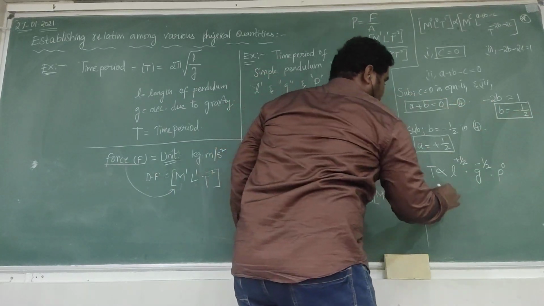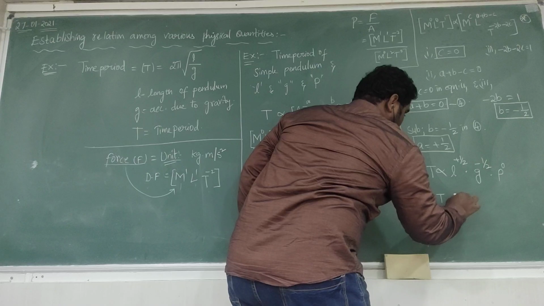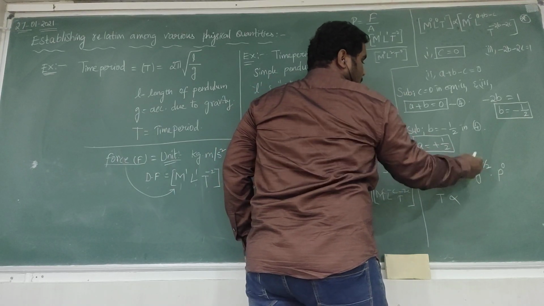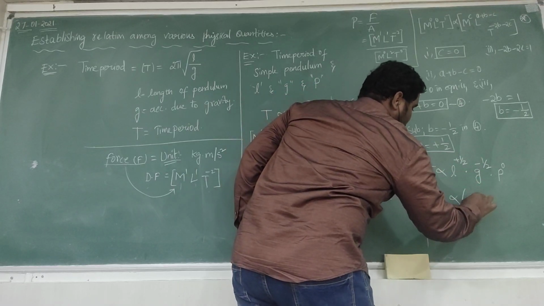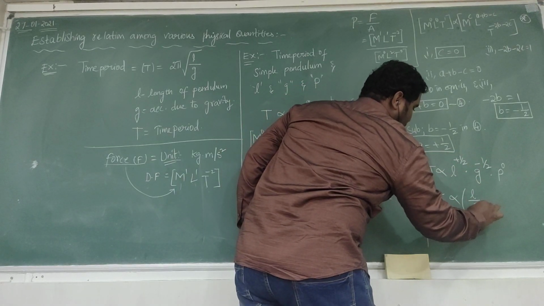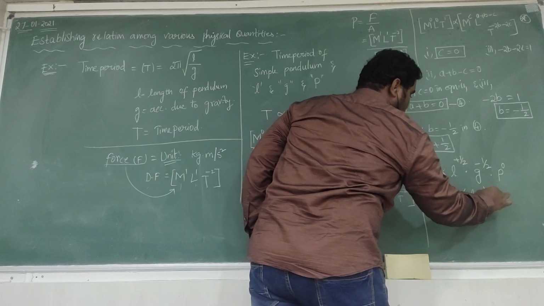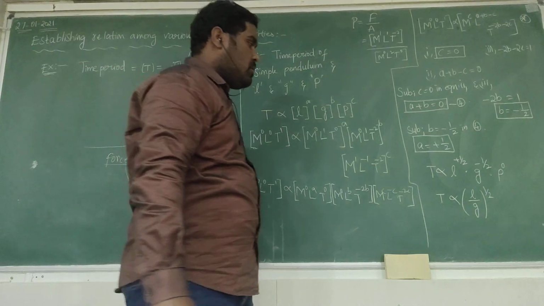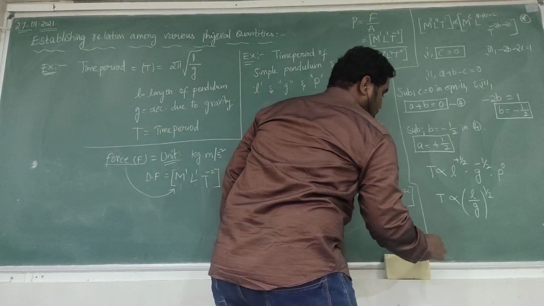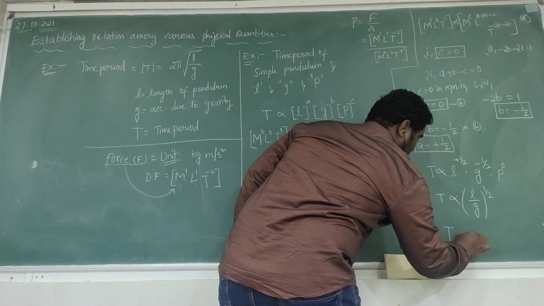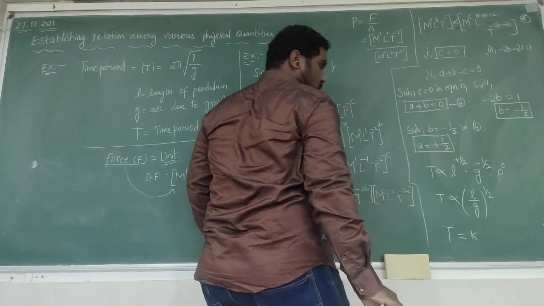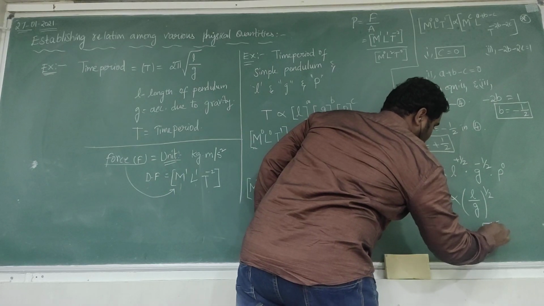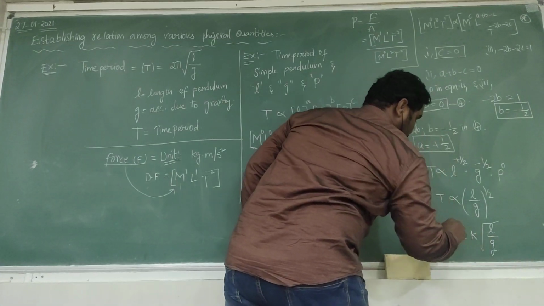So directly you are getting now T proportional to, see here, this is g power minus 1 by 2. So it comes to the denominator and becomes L by g, both same powers only, 1 by 2. So removing this proportionality constant, T equals to some constant k into whole power 1 by 2, that means square root, root over L by g.